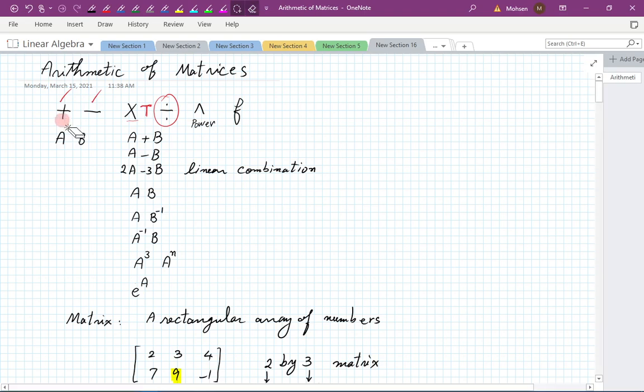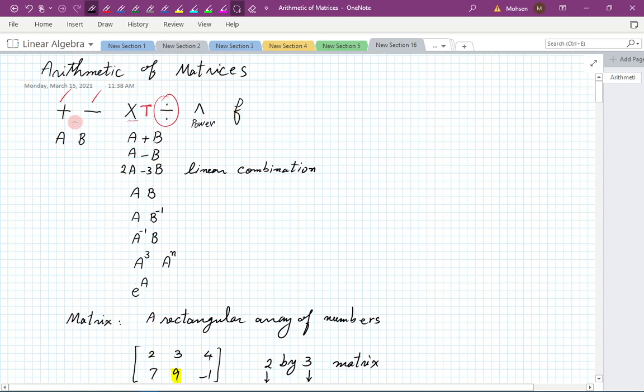So we talked about addition and subtraction and linear combination. There wasn't anything surprising there. We talked about multiplication last time, and our plan is to talk about division and powers and functions later on.